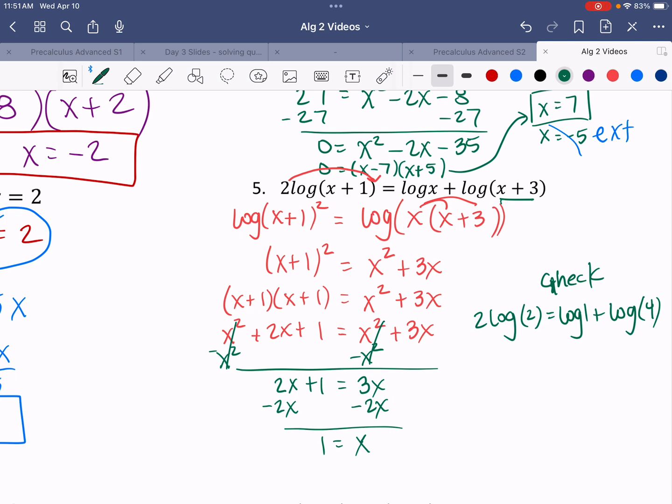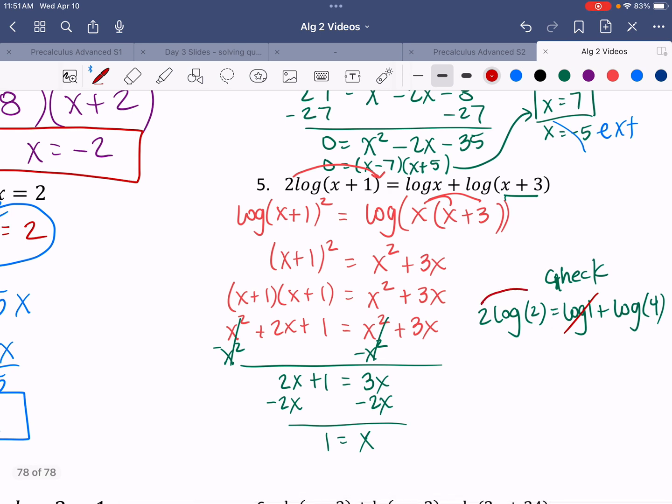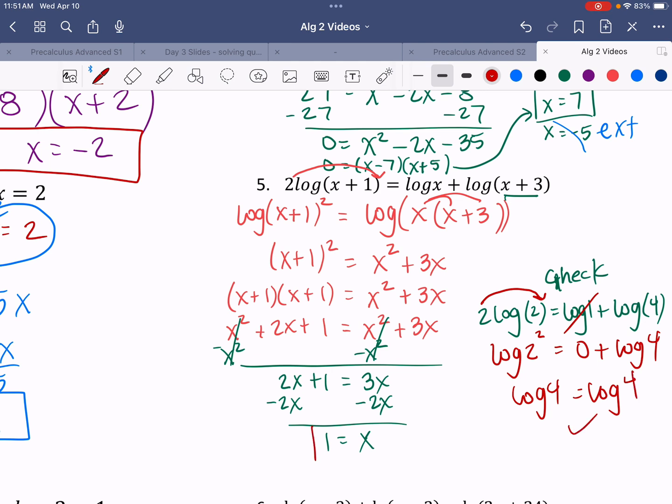And then think about our properties. We said the log, no matter the base, log of 1 is 0. And this 2 could be rewritten as log of 2 squared, equals 0 plus log 4. Both sides are going to have log 4 equaling log 4. True. So 1 is valid. It makes none of the arguments negative, and you can take it all the way down to fully simplified and make sure both sides are equivalent.